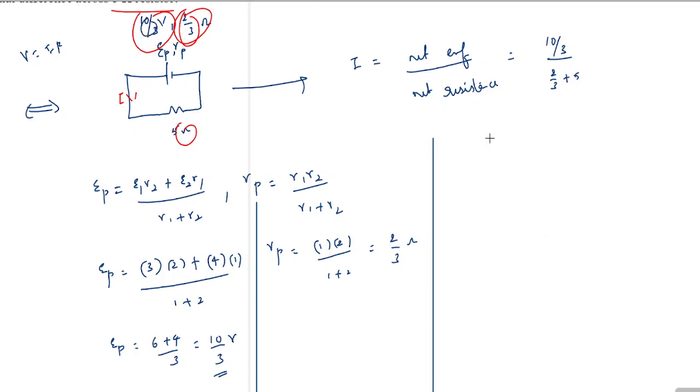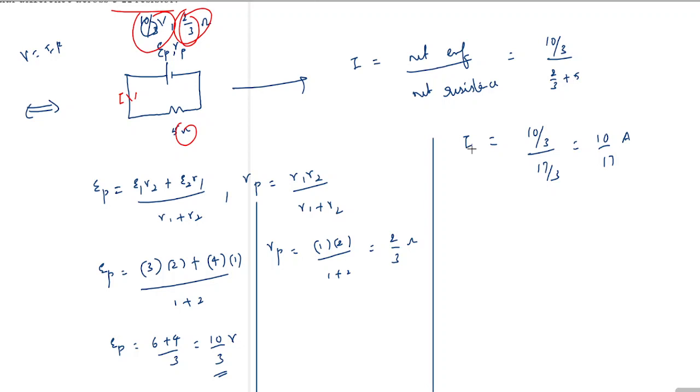here. That is equal to 10 by 3, and if we take LCM from here, it becomes 2 plus 3 into 5, which is 17. So 3 into 5 is 15 plus 2, 17, 17 by 3. That is equal to 10 by 17 ampere.